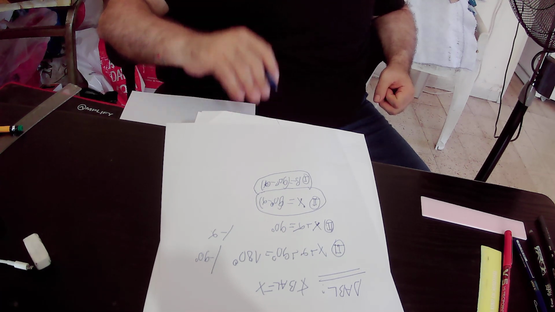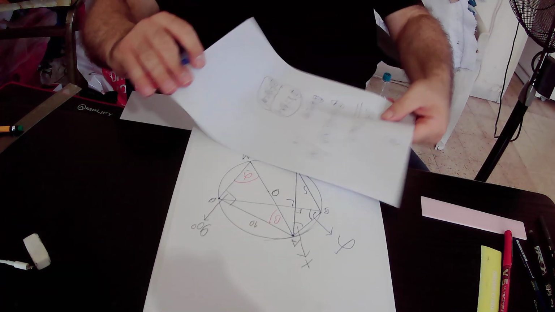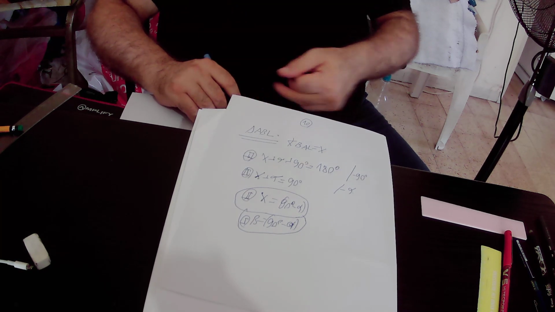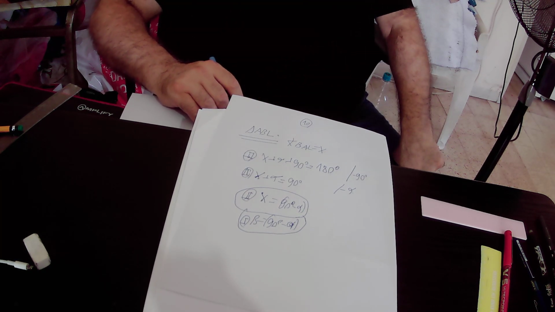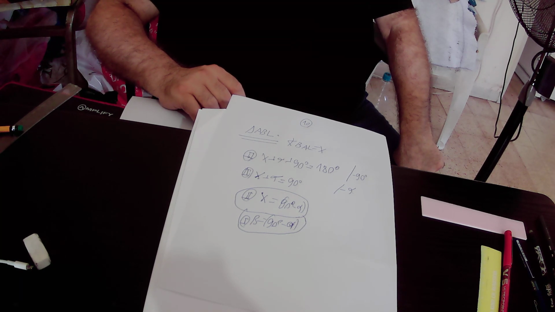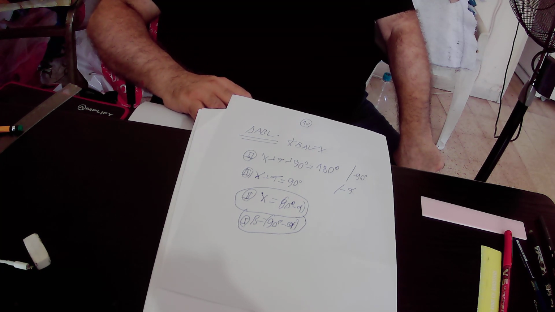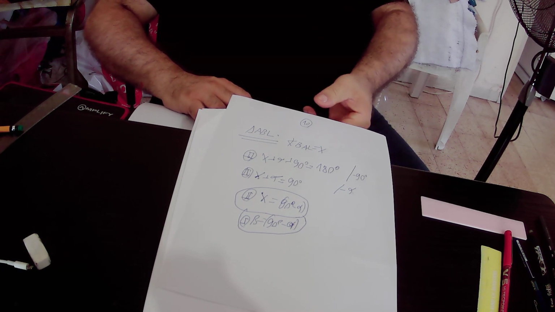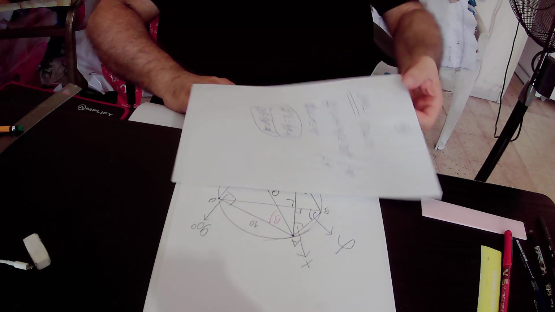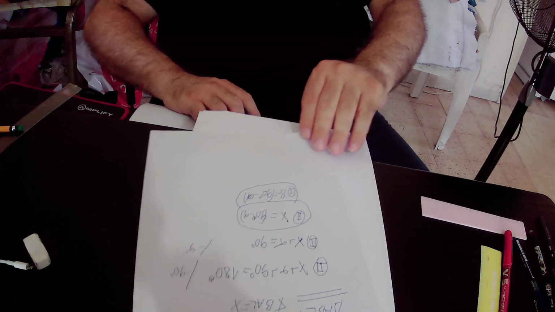Equation number 2 states that x equals 90 degrees minus alpha, and equation number 1 states that beta equals 90 degrees minus alpha. From that we can deduce that x equals beta, but if you want to do it the long way, I will show you.